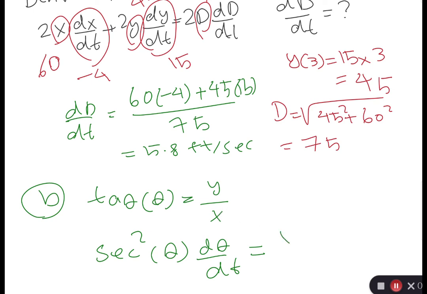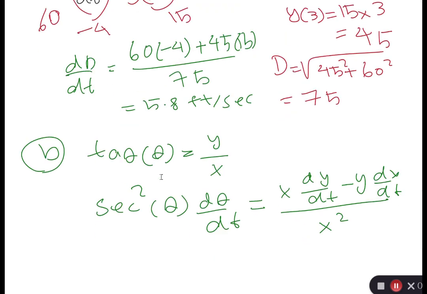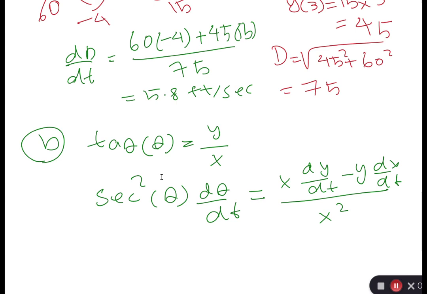Tan of theta becomes secant squared theta times d theta/dt, equal to the derivative of y over x, which is the bottom times the derivative of the top, dy/dt, minus the top times the derivative of the bottom, divided by the bottom to the power 2. Now, what is secant of theta?